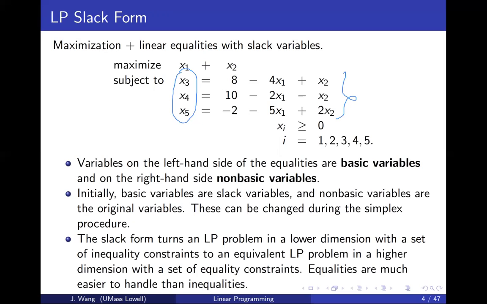Again, the advantage of dealing with equalities is that we can apply elementary linear operations at both sides of each equality, and the resulting equality is still equivalent to the original equality. So there's nothing changed for the constraints. But of course, we hope that the objective function is going to be maximized or minimized depending on what the objective is along the way while we manipulate the equalities from one form to the other.